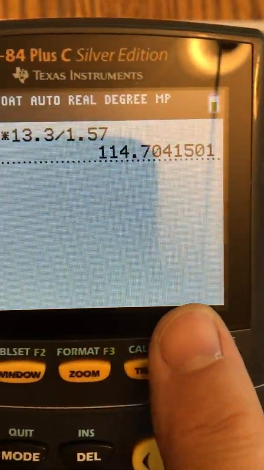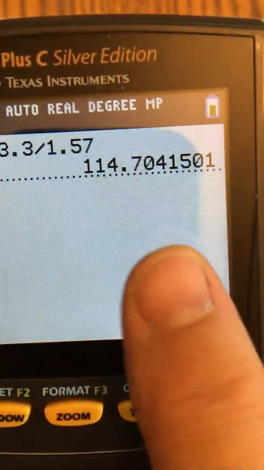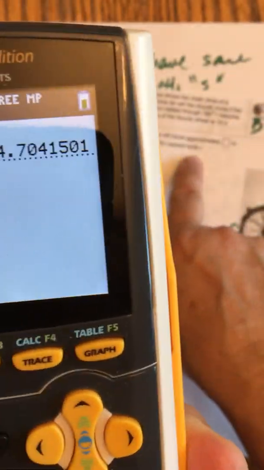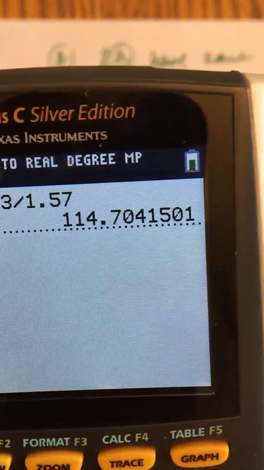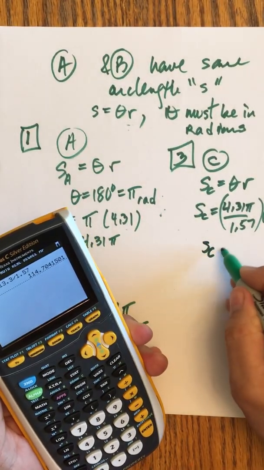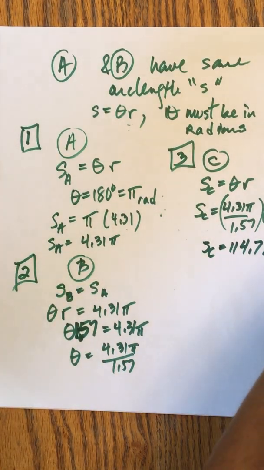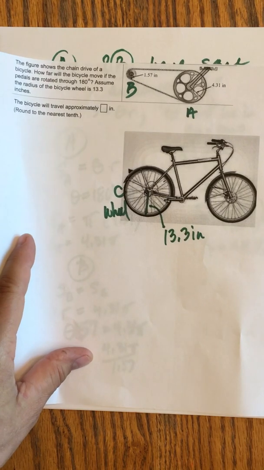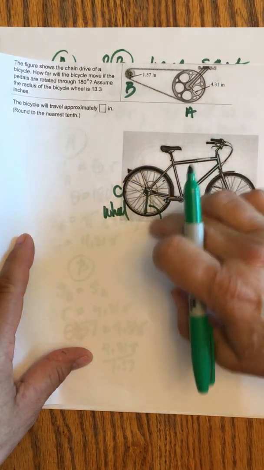And I get 114.7041501. And I think they ask you to round to the nearest tenth, right? So that's the first decimal. So I would say 114.7 inches. So that's the arc length on the edge of this wheel of the bicycle. So that's how far the bicycle moves, because as the wheel turns, the bicycle moves forward.